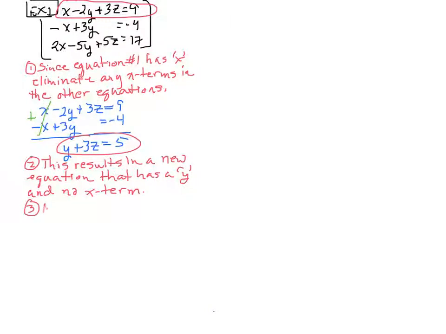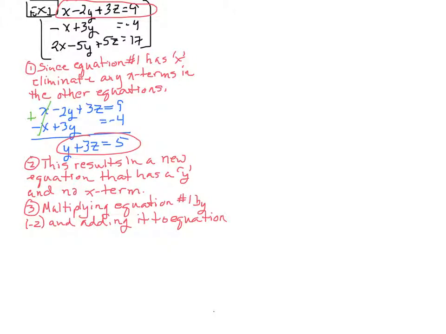So multiplying equation 1 by negative 2 and adding it to equation number 3 will eliminate the x term in equation number 3.